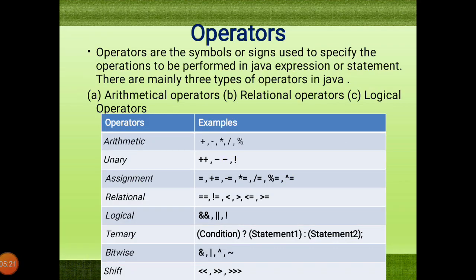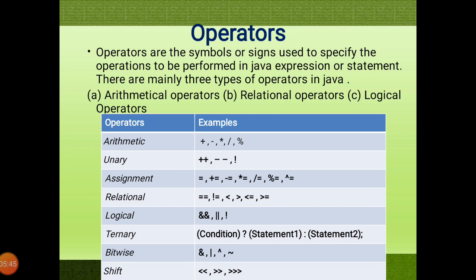The next one is operators. Operators are symbols or signs used to specify the operation to be performed in a Java expression or statement. Java has several operators, but mainly it is of three types.